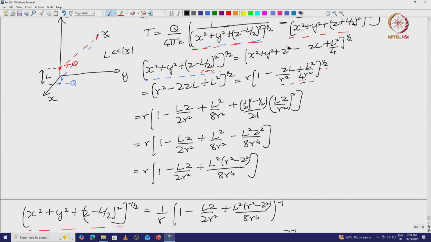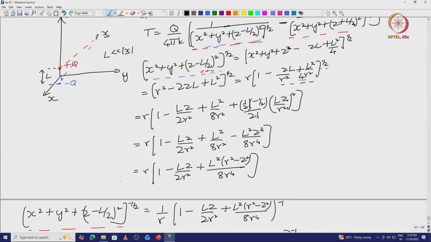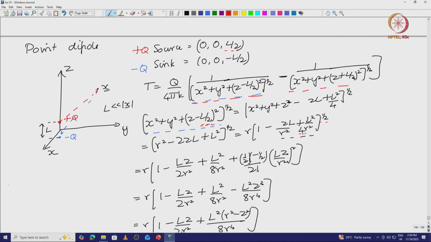Note that I have this first term minus this second term, into q by 4 pi k. Therefore, if this is term 1 and this is term 2, over here I have 1 minus 2.